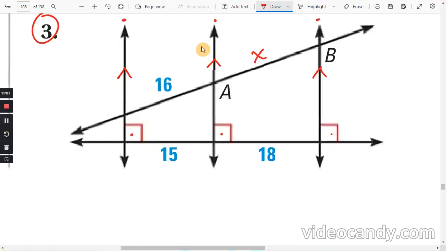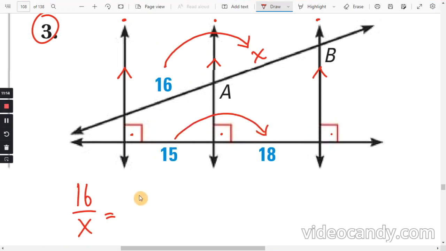All right, let's do them both the same way. We're going to do 16 divided by x, and that's going to equal 15 divided by 18. Cross multiply 16 times 18, and that equals x times 15.